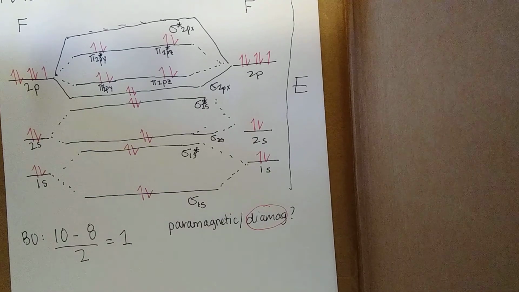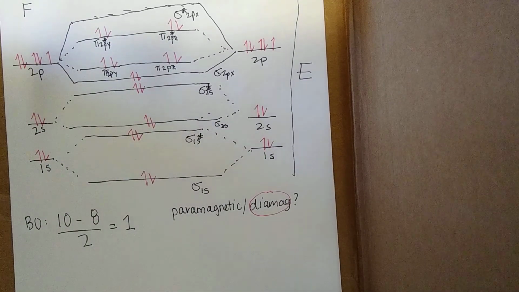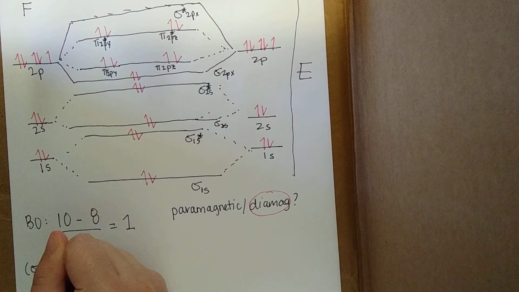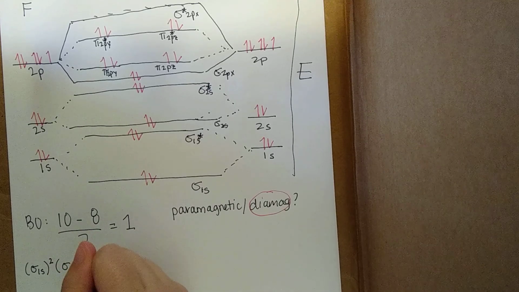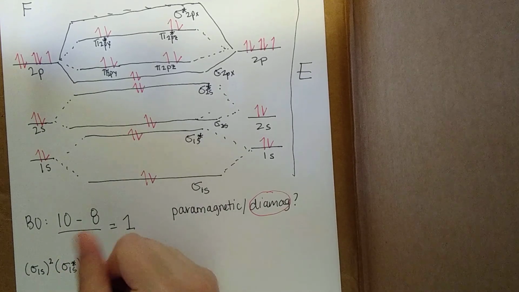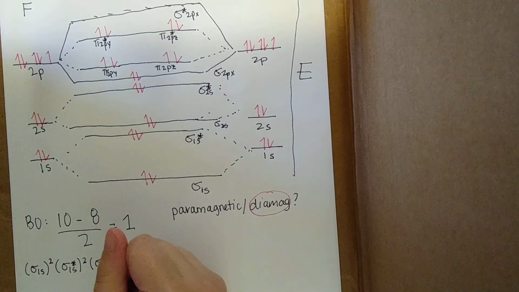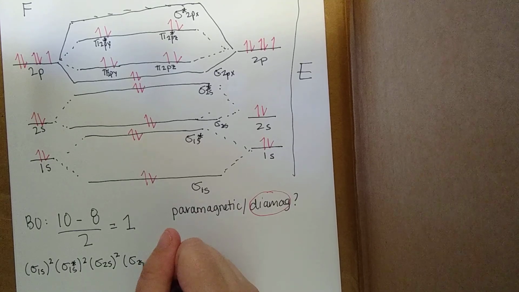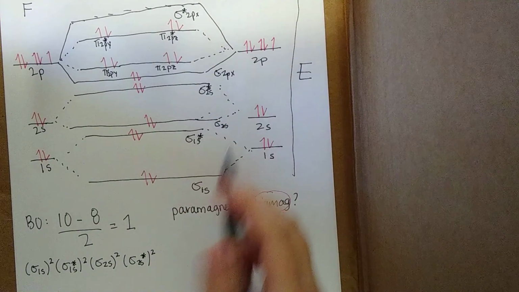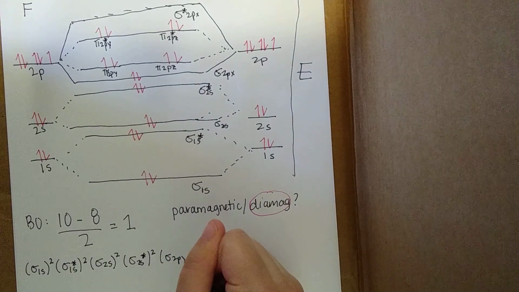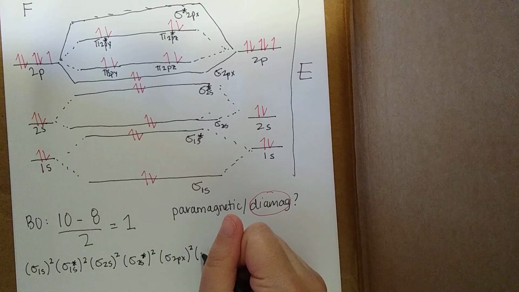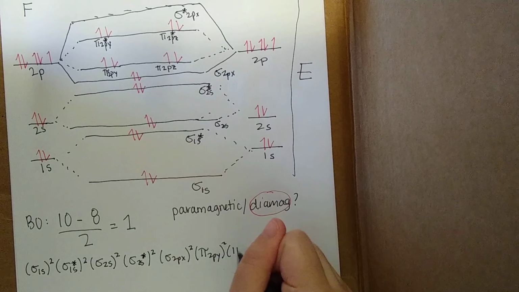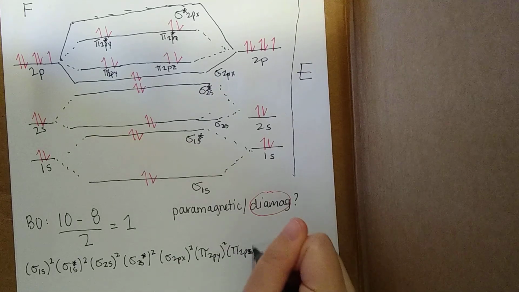And then finally, let's write the electron configuration. It's going to be a little long, but let's do it anyway. We just begin like last time. We have sigma 1s 2, sigma 1s star 2, and I'm reading this straight from the MO diagram. So sigma 2s 2, sigma 2s star 2, sigma 2px 2, pi 2py 2, pi 2pz, excuse me, 2.